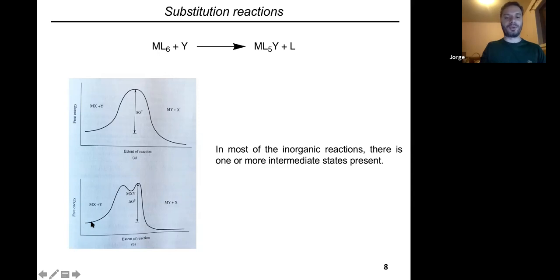The reaction starts, stops to form an intermediate, and then goes to the second step. Usually, in most cases for inorganic reactions, there is at least one intermediate state present. That's the most common kind in inorganic chemistry.